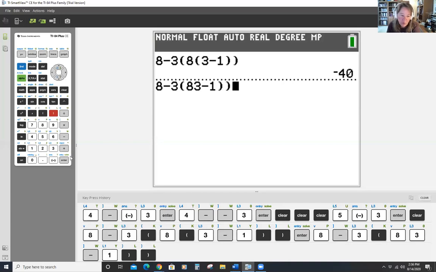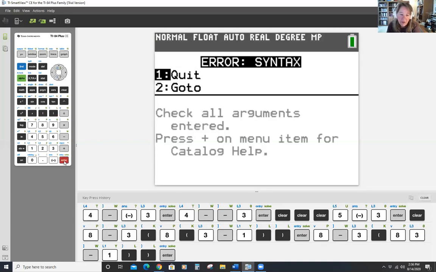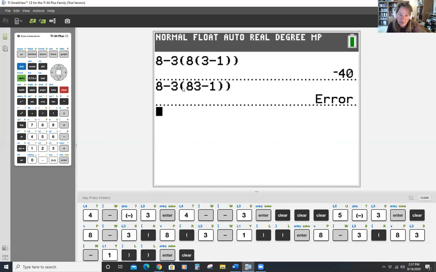Let's see what happens when we hit enter. You can't do it. The reason is that there's 1 open parentheses and 2 closed parentheses, and the calculator just doesn't know what to do with that. So when you get those error messages, it's usually a sign that you either mixed up your negative sign and your minus sign, or you made mistakes with parentheses.